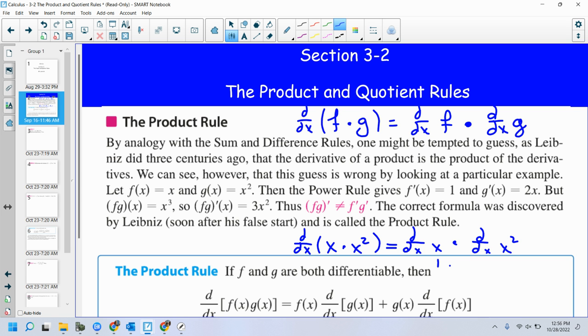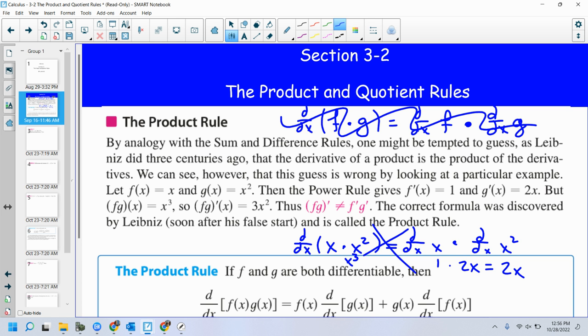What's the derivative of x squared? 2x. So we said, okay, I bet it's 2x then. Is that really true? What is x times x squared? x cubed. What is d over dx of x cubed? 3x squared. So this is definitely not true. That's a basic counterexample to show that you can't do that.